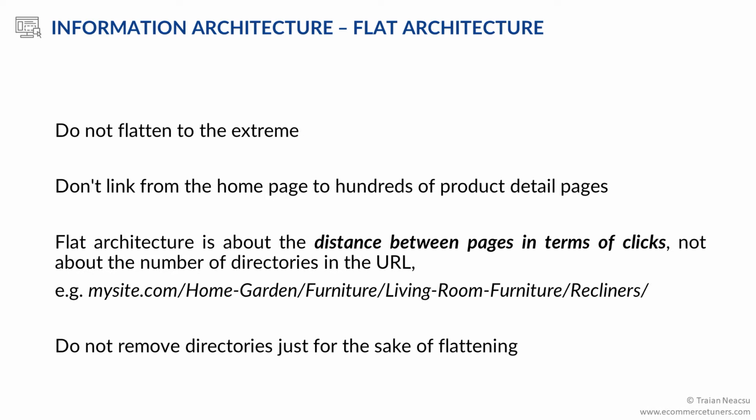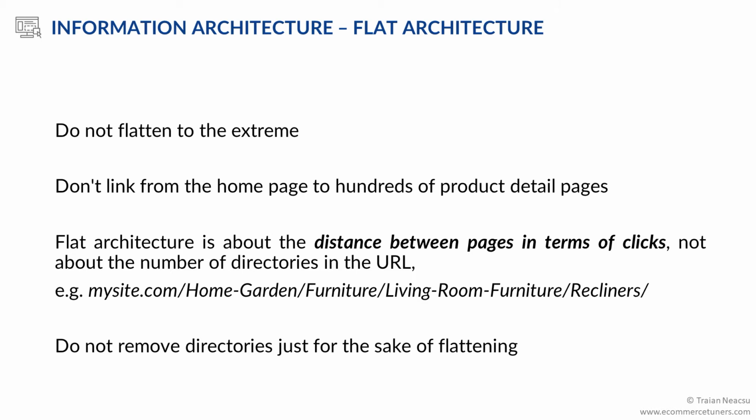Here are a few important pointers about flat architecture. Unless you sell a limited number of products, or unless you have a very limited number of pages on the website, don't flatten to the extreme. That means don't link from the homepage to hundreds of product detail pages just to build a flat architecture. Flat architecture is about the distance between pages in terms of clicks or hops, not about the number of directories in the URL.